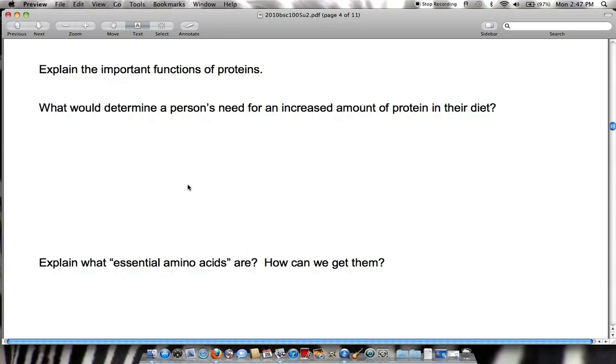Well, all sorts of proteins are involved in generating new muscle, generating new skin. If a person exercises and wants to build muscle mass, they would need to increase their protein a little bit. So here are examples of why you might need to increase your protein in your diet.